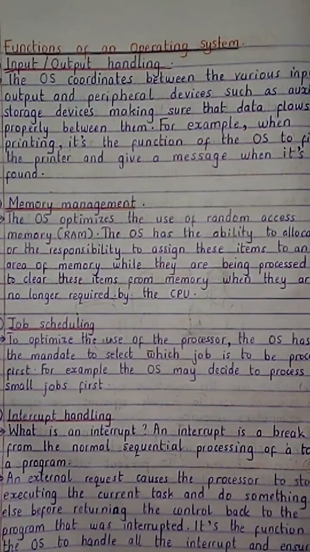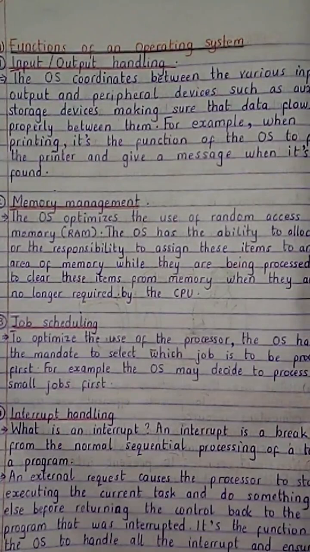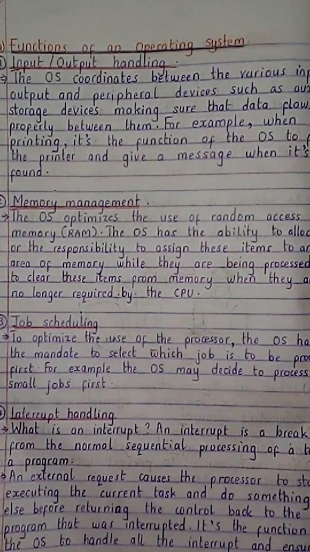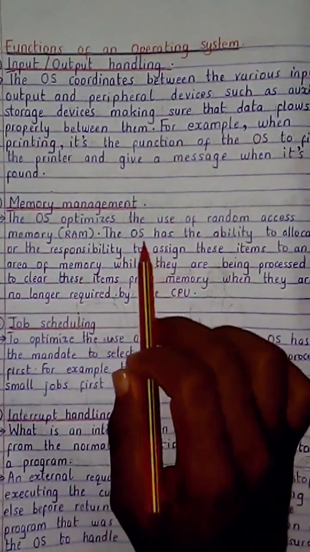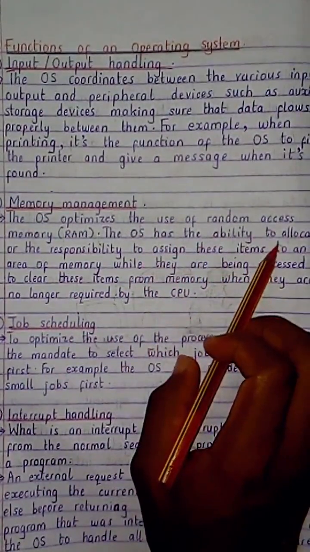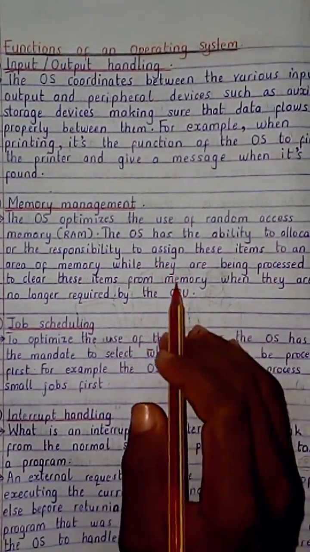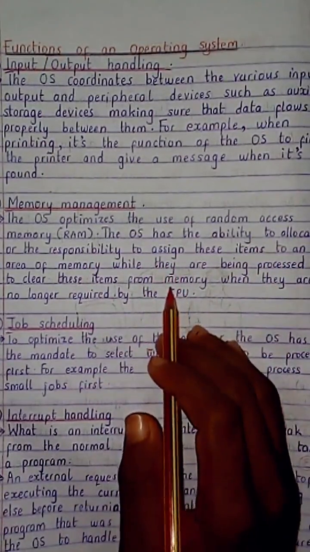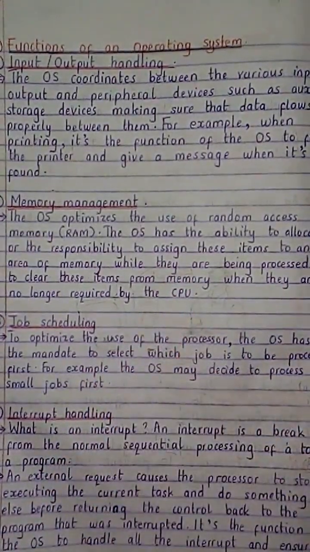So number 2, another function of the operating system is memory management. The operating system optimizes the use of random access memory, which we call the RAM, which is right here. And the operating system has the ability to allocate or assign these items to an area of memory while they are being processed, and to clear these items from the memory when they are no longer required by the CPU.